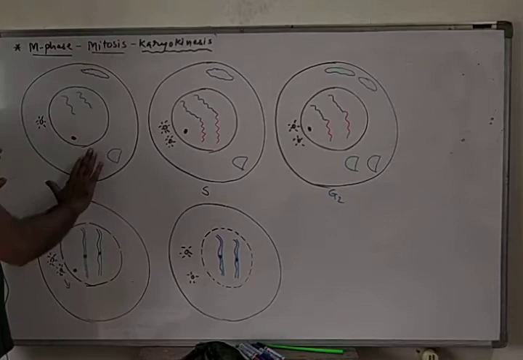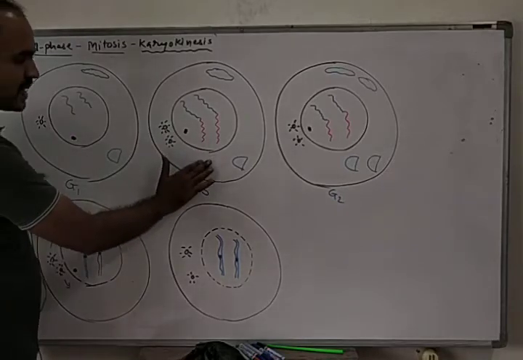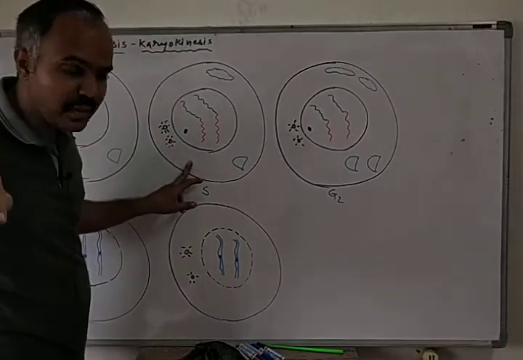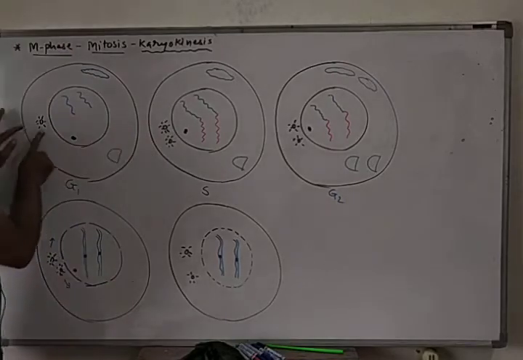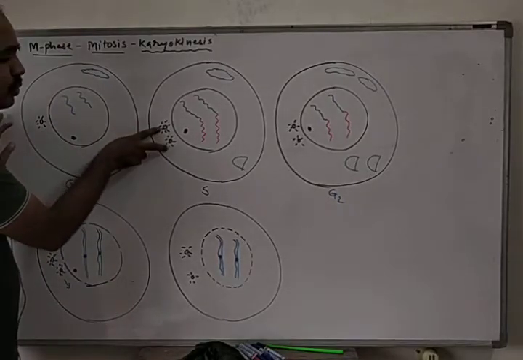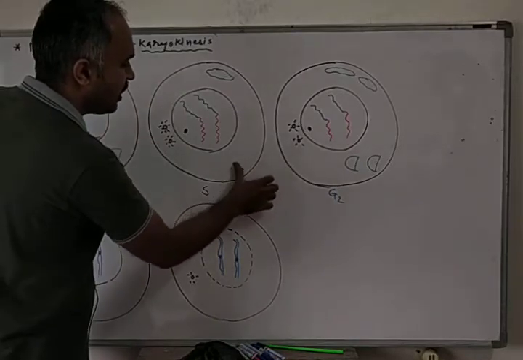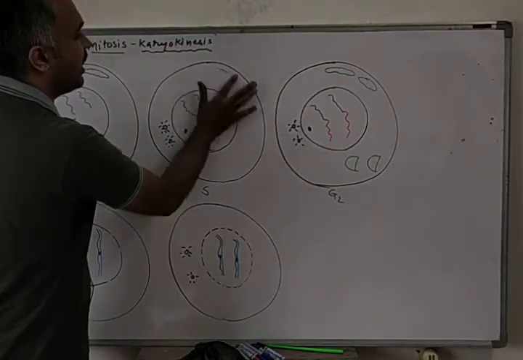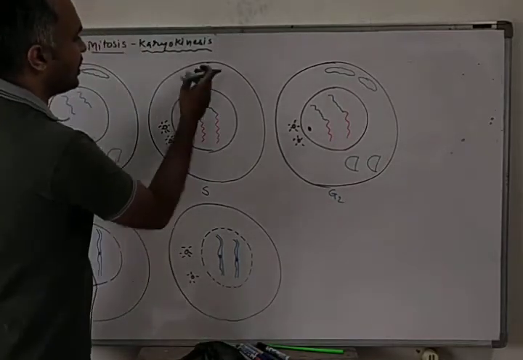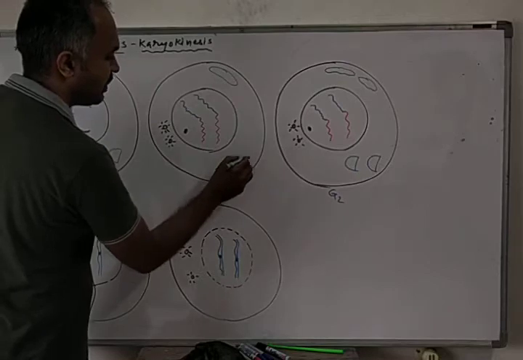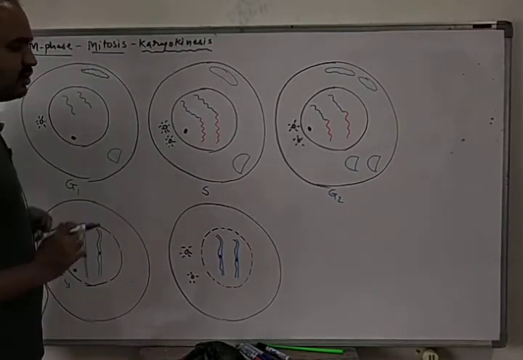Now when this cell enters into the S phase, remember the events of the S phase. The centrioles get duplicated. Here one centriole was there, here two centrioles will be there. Mitochondria and chloroplast will be one in number only.